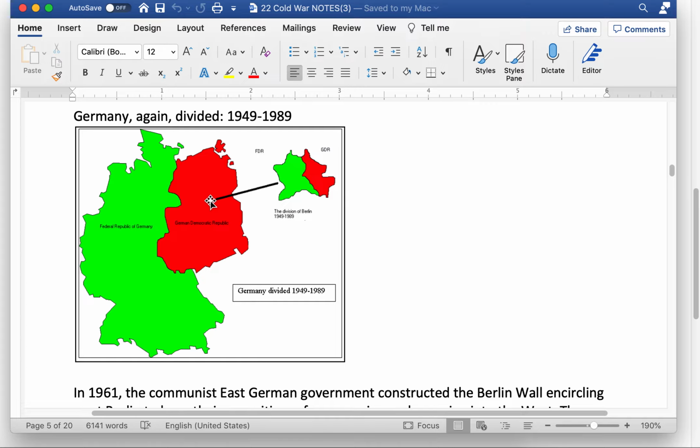Berlin is located here in East Germany, but the city of Berlin gets split: the east side of Berlin is communist, but West Berlin is under the influence and control of the liberal powers.